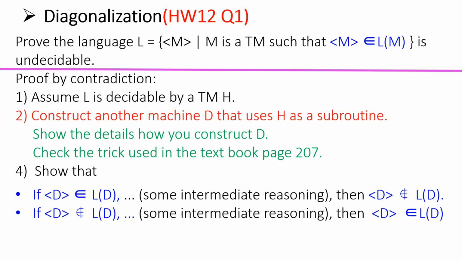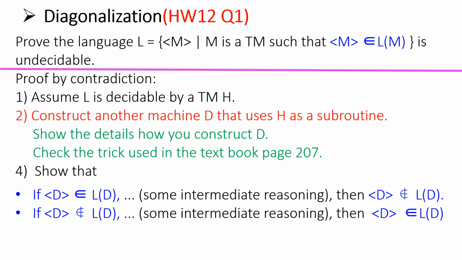That means you should construct another machine D and analyze this machine D on its own encoding. This D should use H as a subroutine. The way you construct D should satisfy that if the encoding of D is in LD, then using some intermediate reasoning, you reach the conclusion that the encoding of D is not in LD.